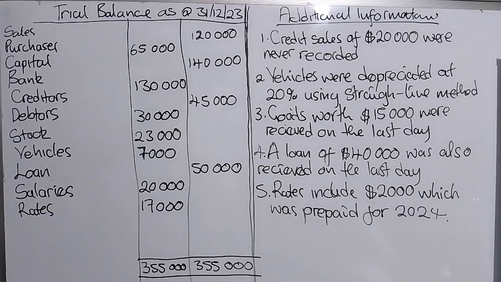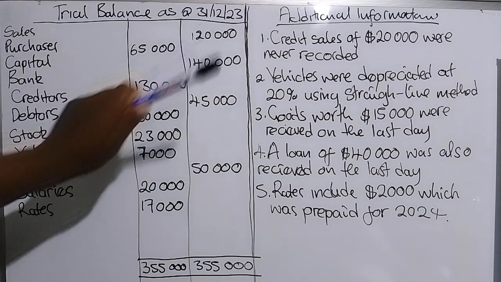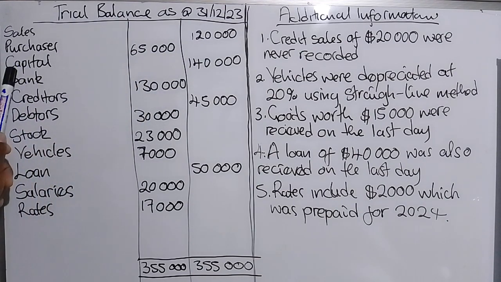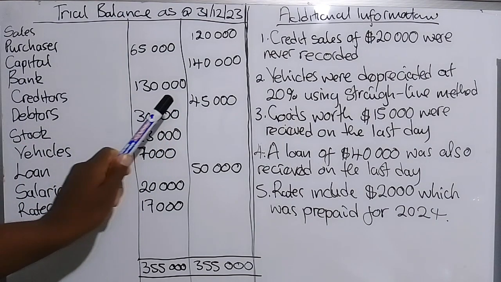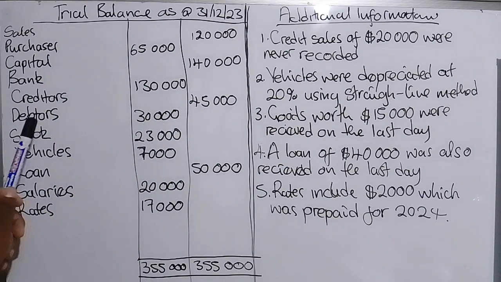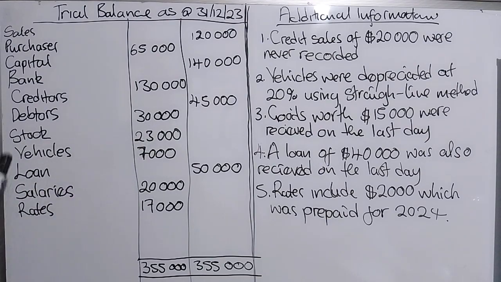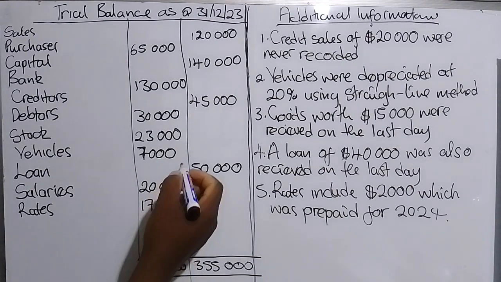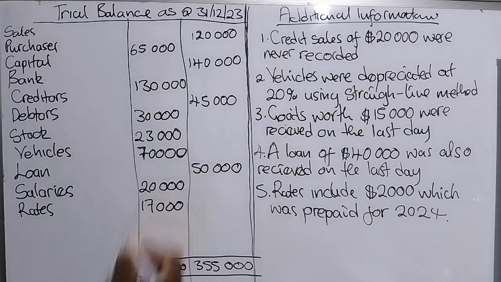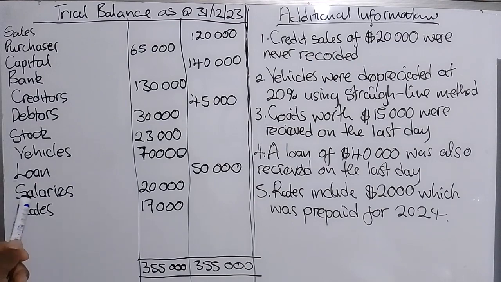On our trial balance we have sales 120,000, purchases 65,000, capital 140,000, bank balance 130,000, creditors 45,000, debtors 30,000, stock 23,000, vehicles 70,000, then loan 50,000, salaries 20,000, rates 17,000.